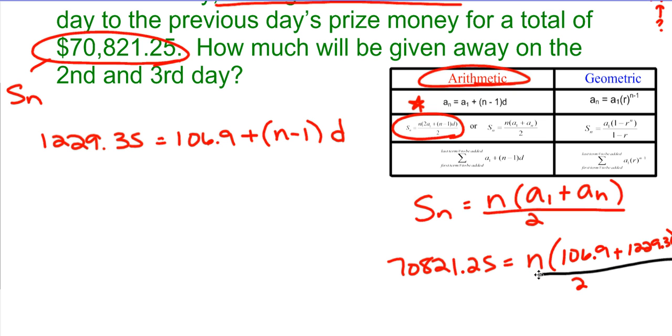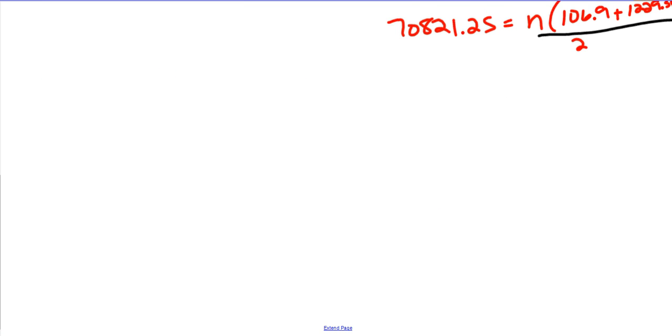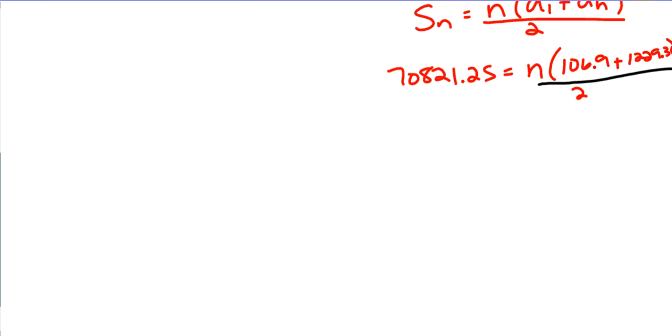Let me scroll down here for you. When I multiply both sides by 2 right away, to get rid of those 2's, I'd have that 70,000 times 2. That ends up being 141,642.5. You can do that on your calculator if you like.